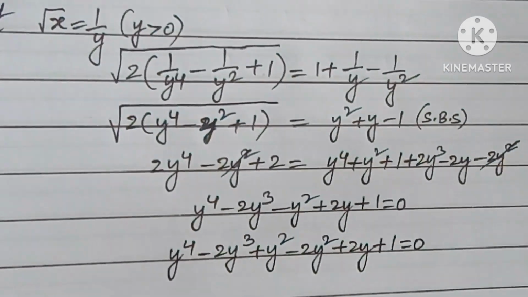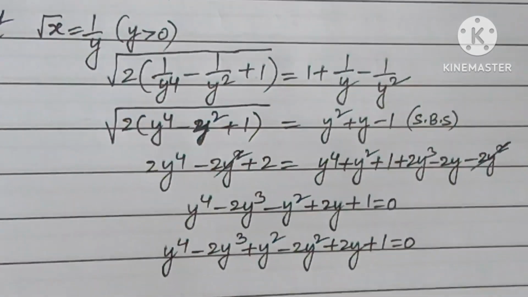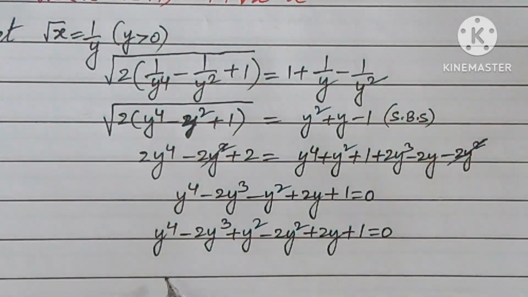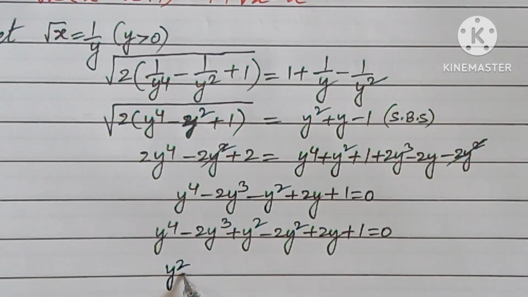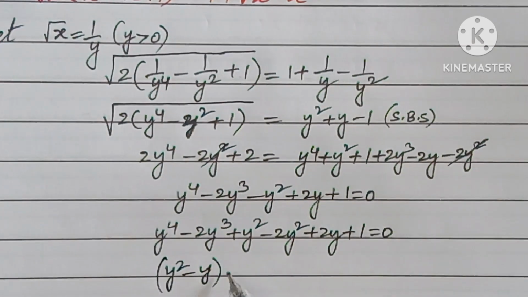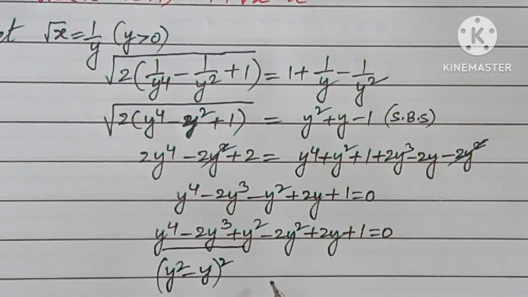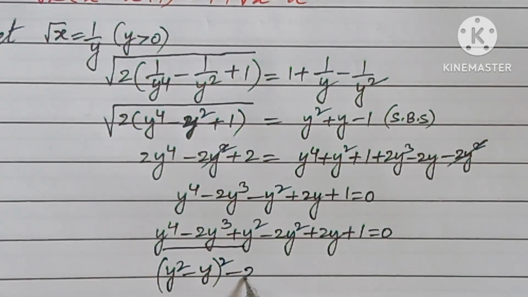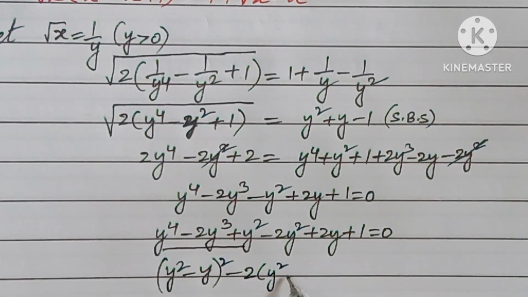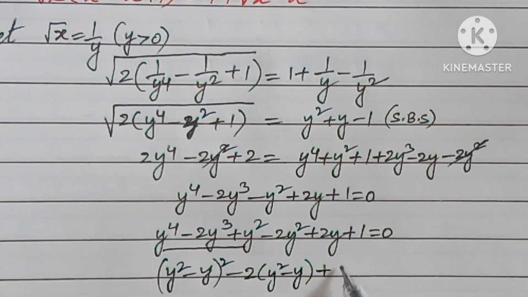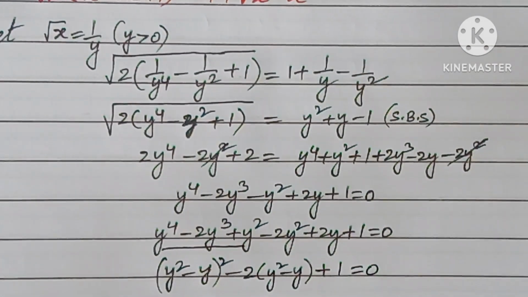Now this can be written as y square minus y whole square minus 2 into y square minus y plus 1 equal to 0.